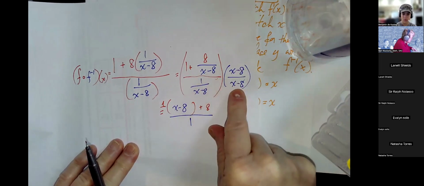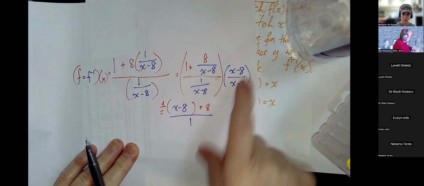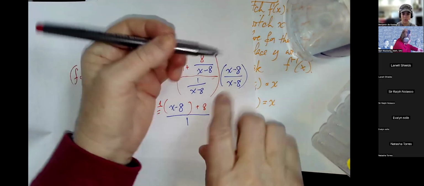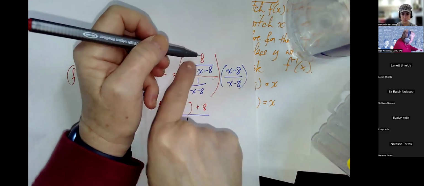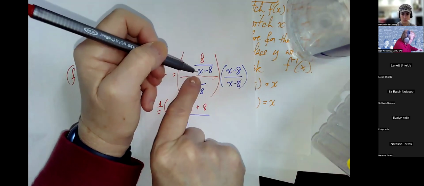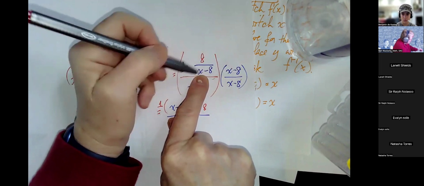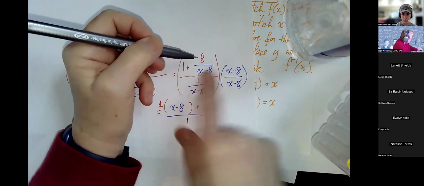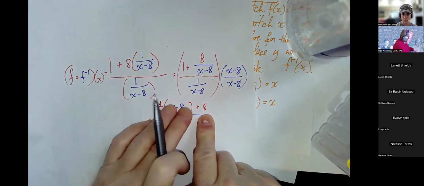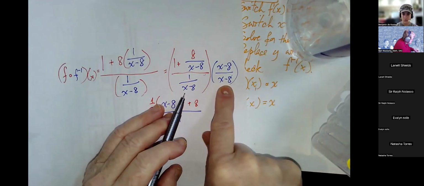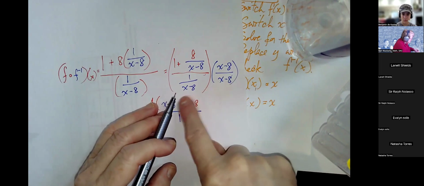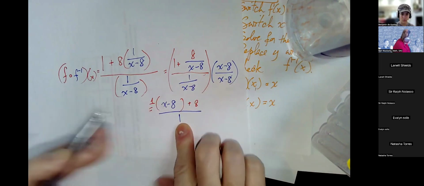So that's what we multiply by. And that means we're going to have x minus 8 times 1 and x minus 8 times 8 over x minus 8. But there the x minus 8 cancel, and we're left with 8. And then we have 1 over x minus 8 times x minus 8. And there again, the x minus 8 cancel, and we're left with 1.